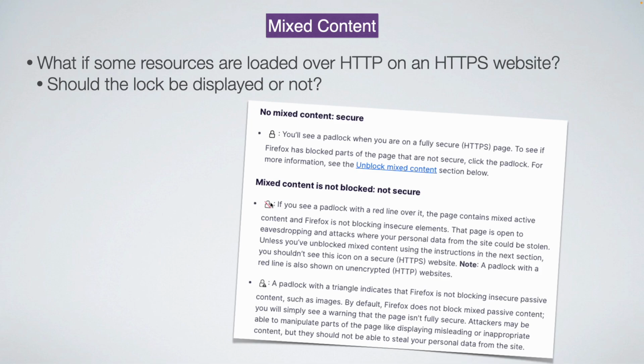So the user is not going to see the warning, unless you go into inspect element, then you can look at the log and see it. But in terms of just the normal human user interface, you're not going to know that there was an error. It just won't load it. And then if everything else is fine, then it will show you a lock because everything that got loaded came over HTTPS.